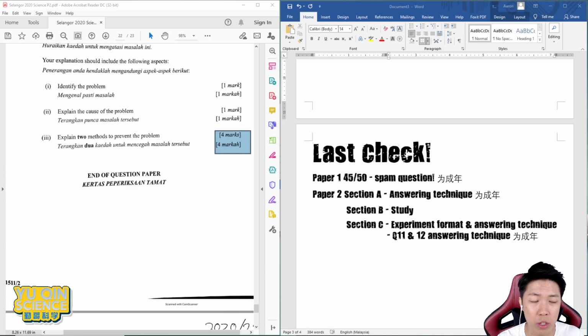Paper 2, Section A, Answering Technique, which I've done with you just now, question 1 to question 4, how to answer manipulated, hypothesis, operational definition. Section B, must study, no study, then cannot. Section C, experiment format, which I've done with you: from hypothesis and aim, don't do first, jump to the next part, which is your variables, and then move on and come back to your hypothesis. And your steps are what we call MOD.